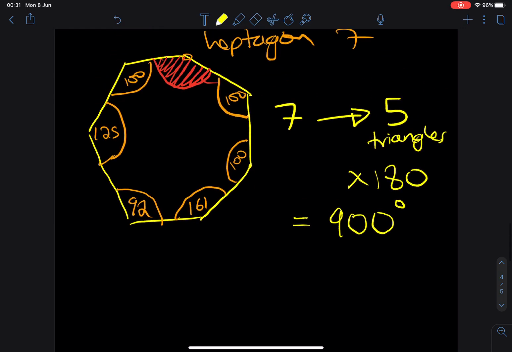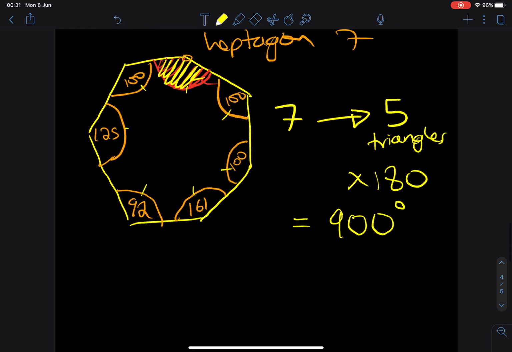Now all I need to do is add up the angles that I have. If all 7 angles add up to 900, to work out the missing angle, all I have to do is add them up, then take it away from 900 degrees. So let's quickly do that.